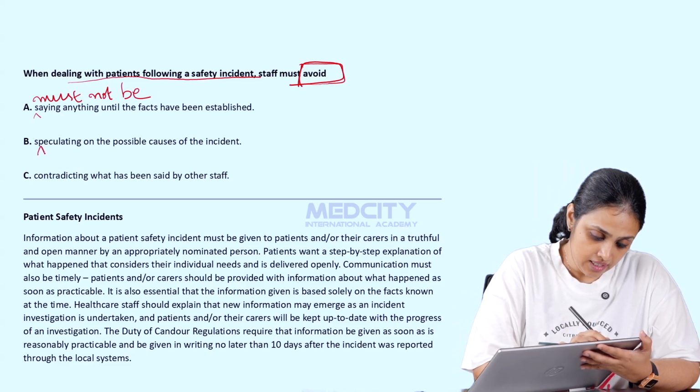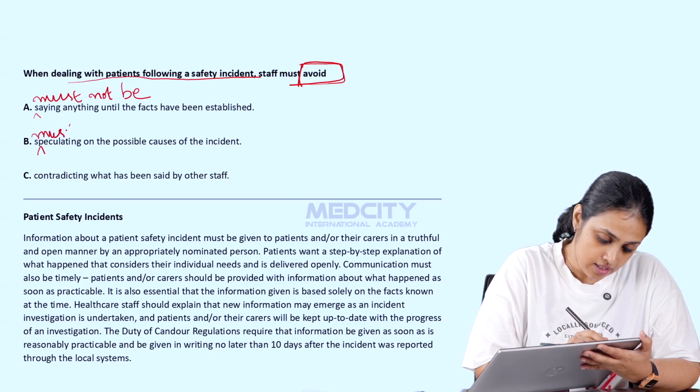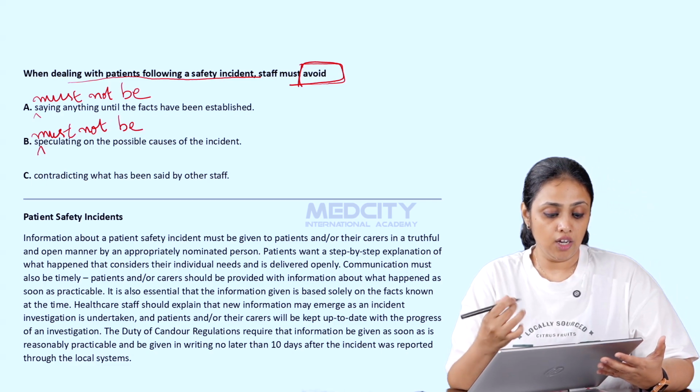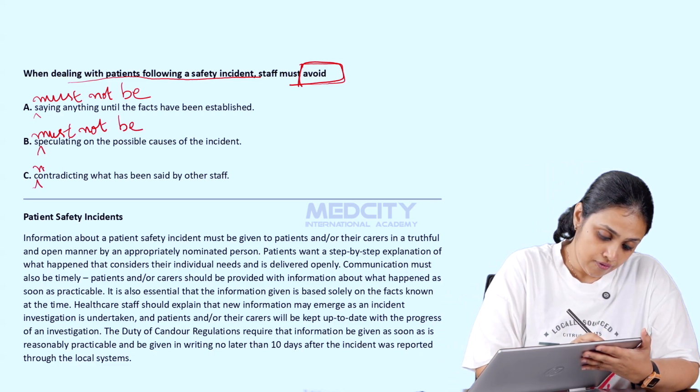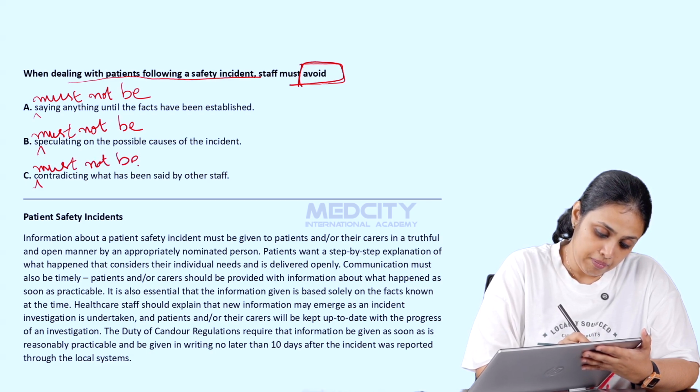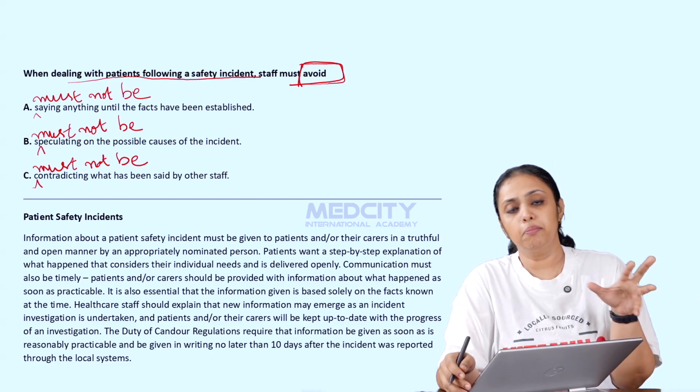Option B says that staff must not be speculating on the possible cause of the incident, and option C says that staff must not be contradicting what has been said by other staff.